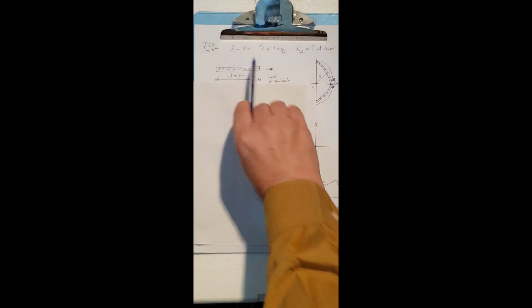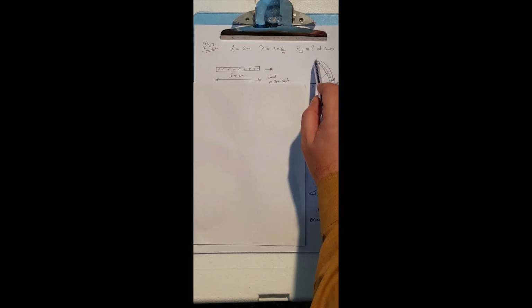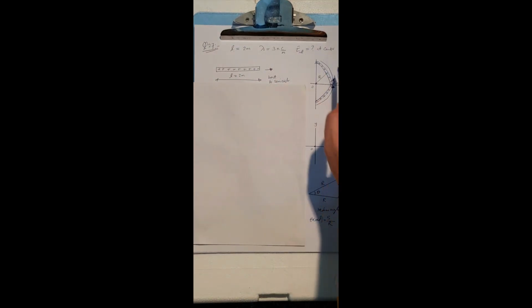We bent it to a semicircle, half a circle. So the arc S is the same as the length L. The length of this arc S is 2 meters, because it's the same. And remember, this is half a circle.